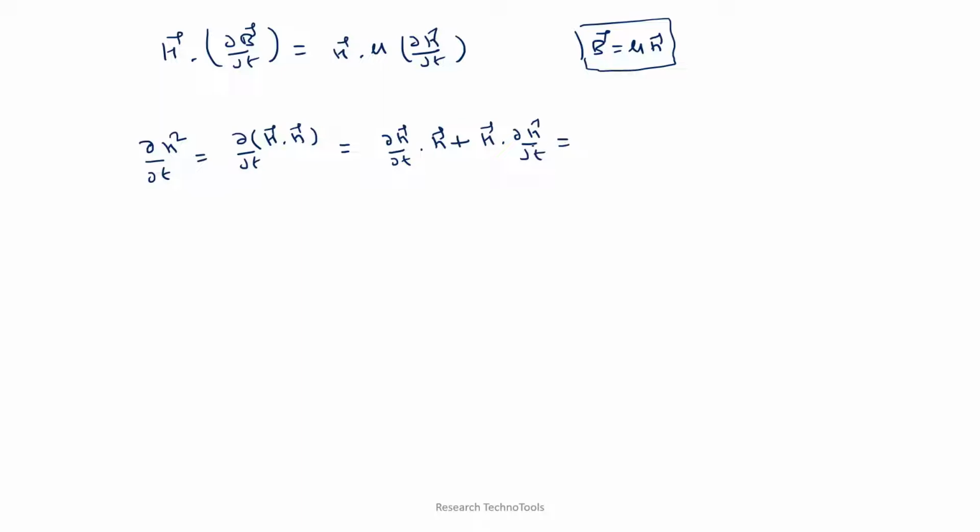So you can write this term as 2 H vector dot del H vector by del t. Now if we divide the whole equation by 2, then you will get 1 by 2 del H square upon del t equals H vector dot del H vector by del t.